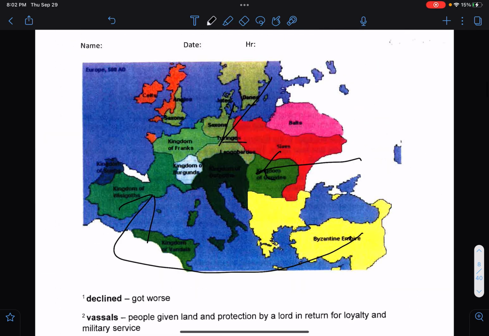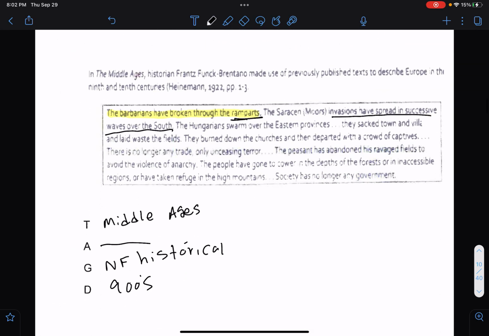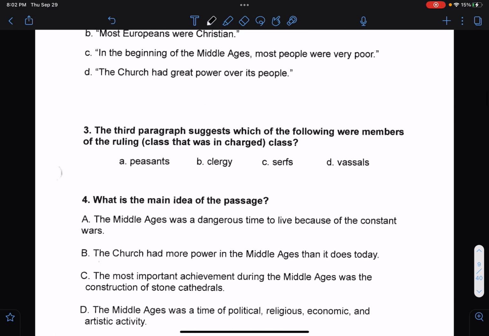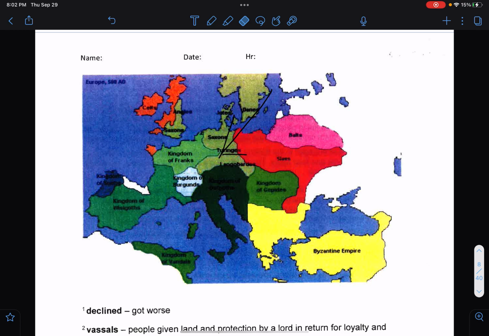So here, the Muslims are coming and attacking, and then another attack, and then another attack. Those are called waves of attack. The Hungarians swarm over the eastern provinces. So the Hungarians are coming from this side. Okay.